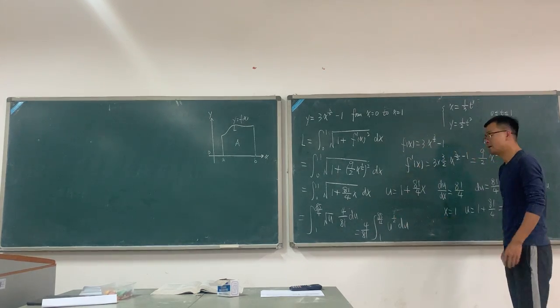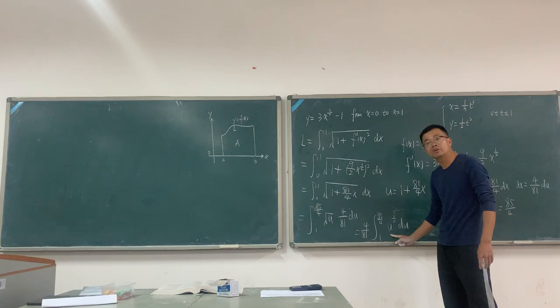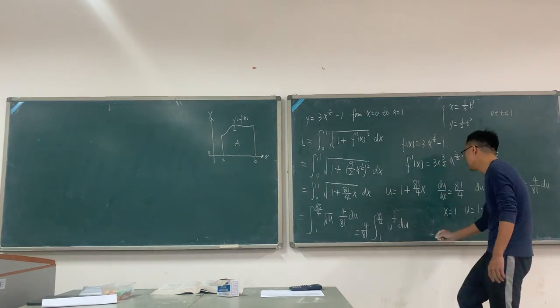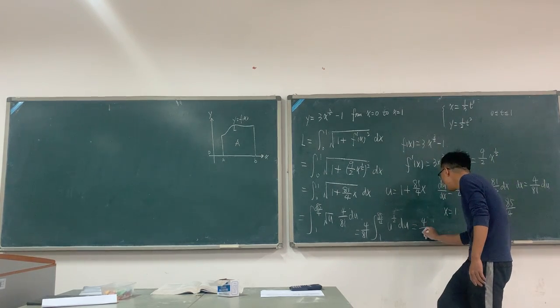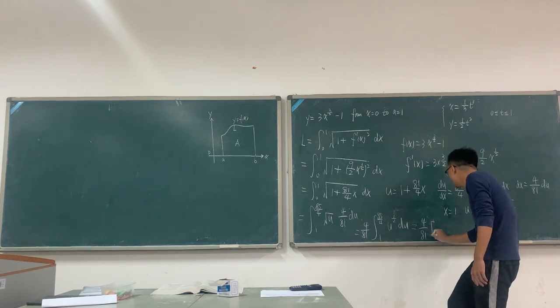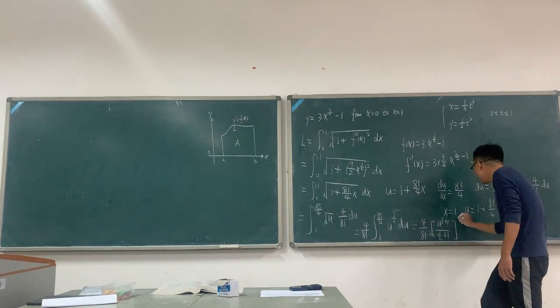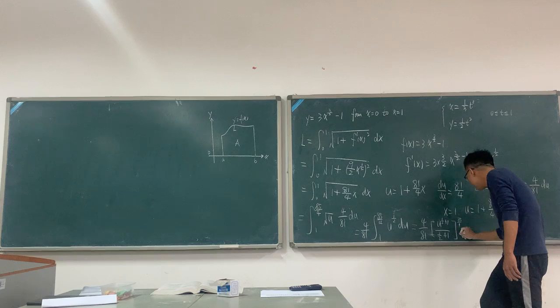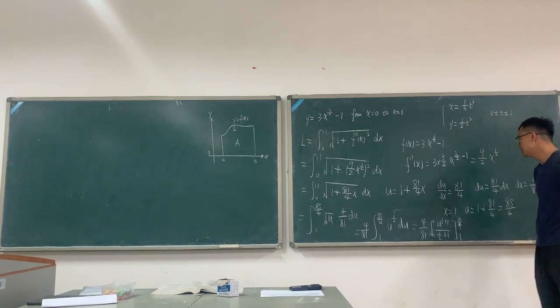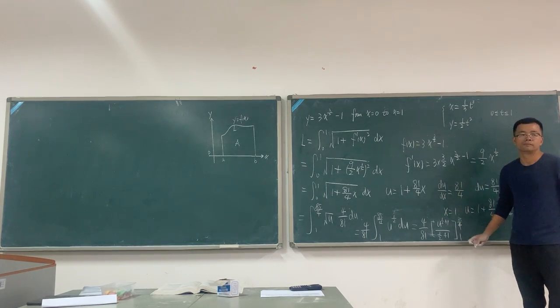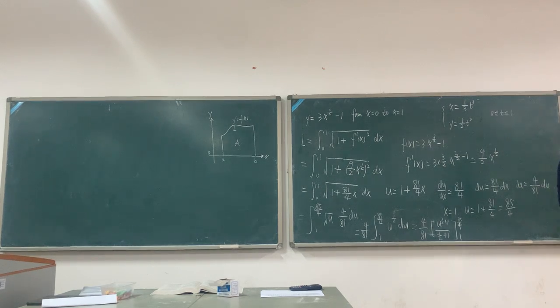So what's the antiderivative of u to the 1/2 power? Here is 4/81 times u to the 1/2 plus 1 over 1/2 plus 1, evaluated at 85/4 minus 1. So I think it's easy, okay?